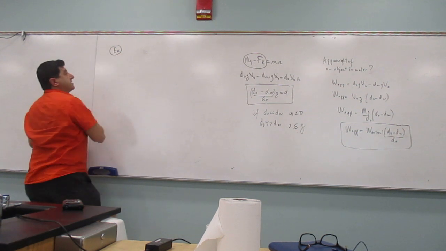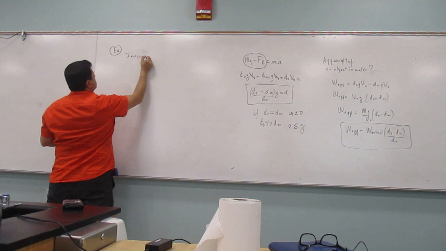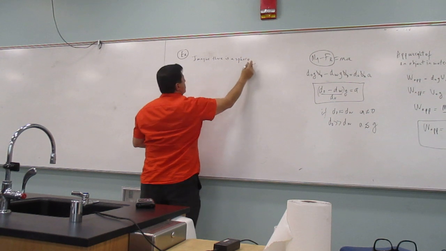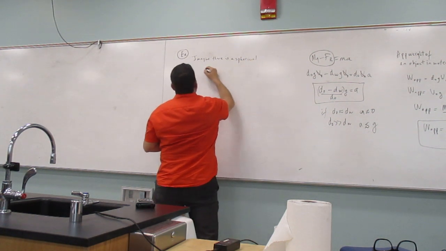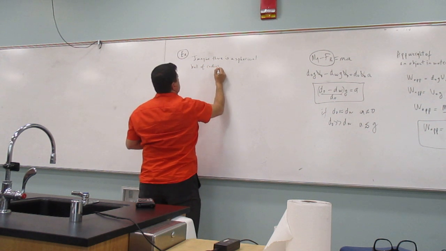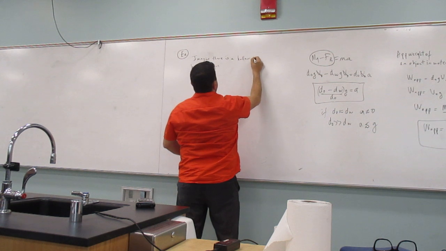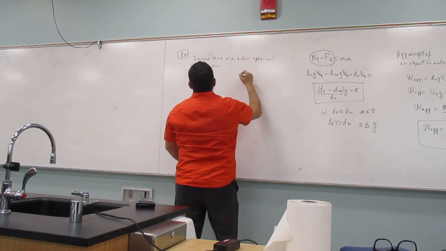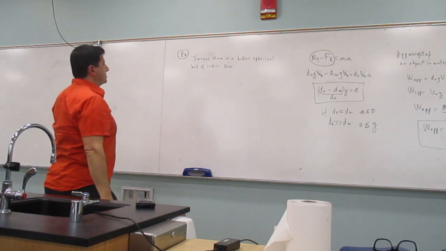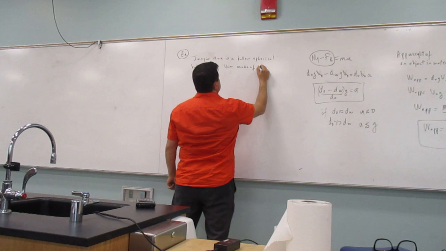Okay, how about something like this? Let's say you have a hollow spherical ball of radius 4 centimeters made of aluminum.